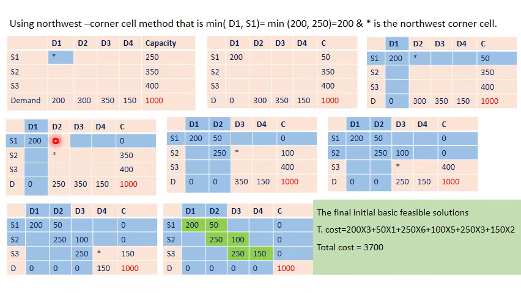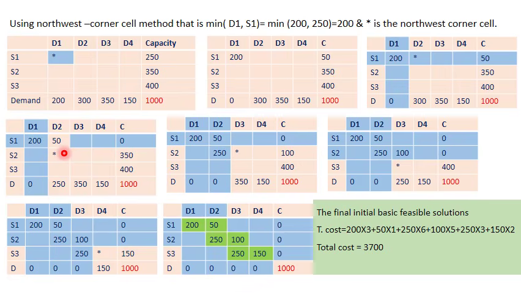When we put 50 here, the 50 becomes 0, and we subtract 50 from 300, so the result becomes 250. We just finished the first row because it becomes 0, and we also finished the first column.